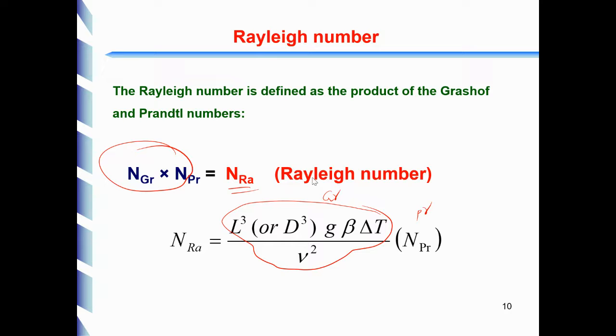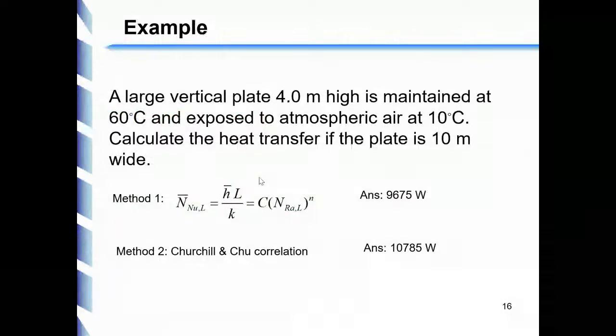We have some correlation, and all correlations are based on this Rayleigh number or Grashof and Prandtl number. So we'll use this correlation and find h. Let's do an example.